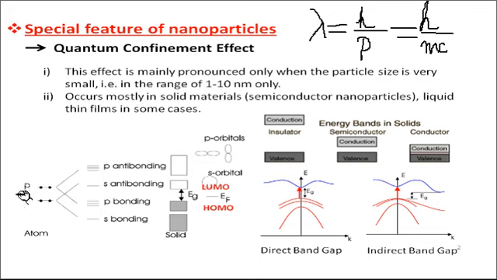Now this particular atom can combine with another similar atom or a different element, and it can give you a bonding type of structure, right? And finally, many such combinations of elements or atoms can give you these types of solid materials or bulk particles.